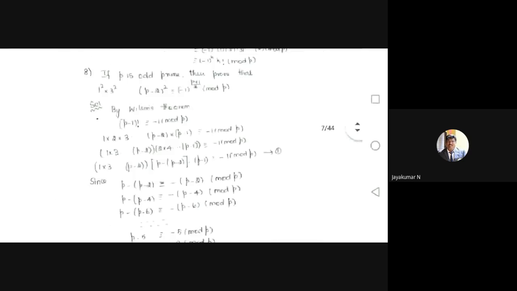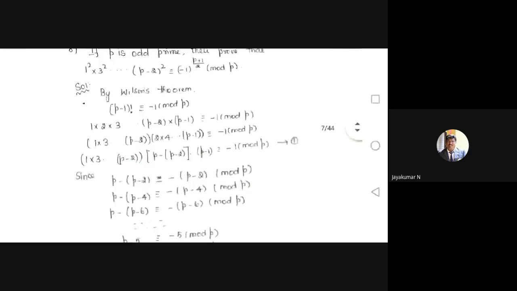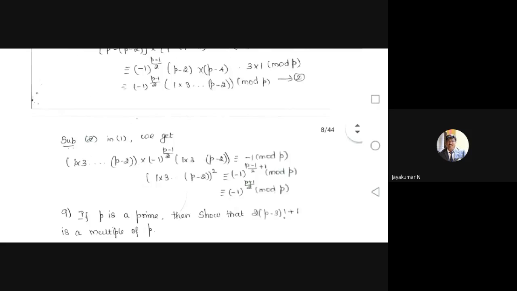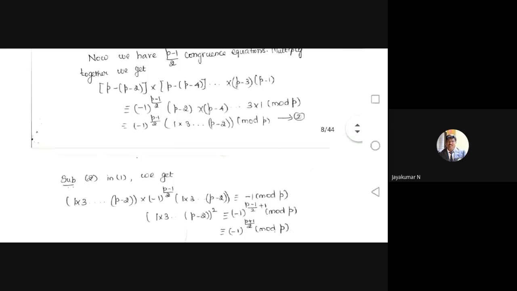Any doubt in this problem? Kindly go through this problem. Do you have any clarification?